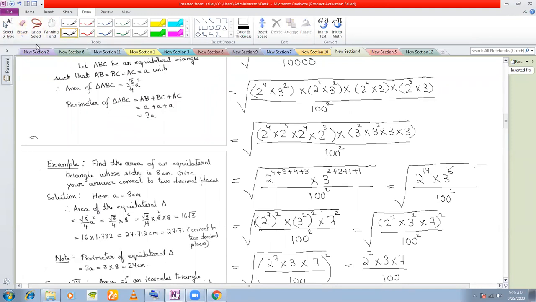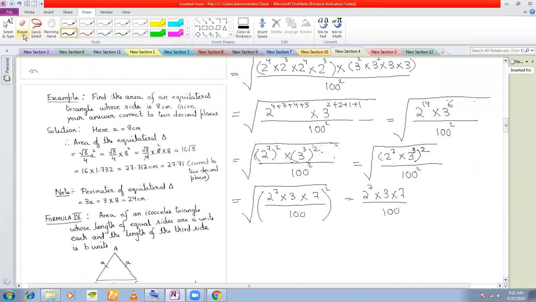You get, okay. And here you write this as 3 to the power of 6 can be written as 3 cube whole square. So therefore, here in the numerator, what you get is 2 to the power of 7 into 3 cube whole square.